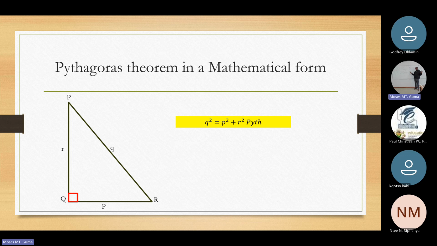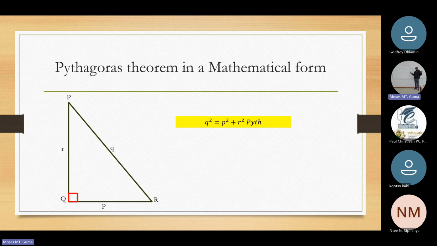Now, Pythagoras' theorem in a mathematical form. There we have a right-angled triangle. What is a right-angled triangle? Any triangle that has one of its angles equal to 90 degrees. That is a right-angled triangle.